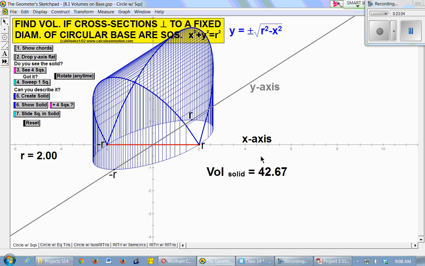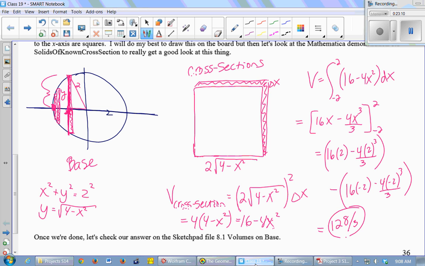So this says that the volume of this solid with a radius of 2 and square cross-sectional areas is 42.67, and that is the same thing as 128 thirds, or it's 128 thirds rounded to the nearest hundredth.